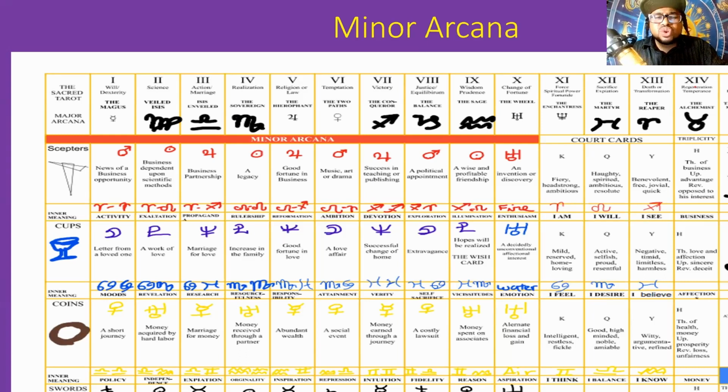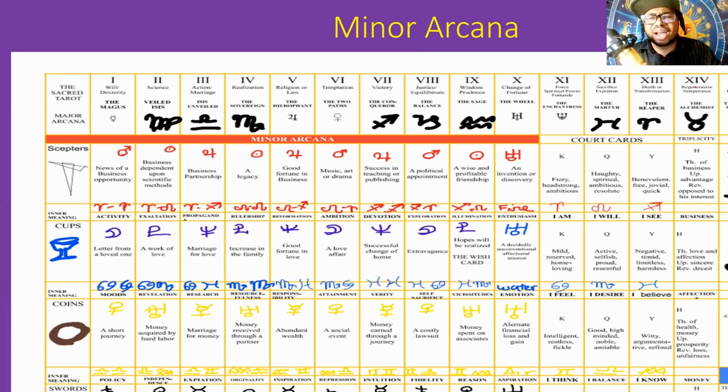And Mercury rules communication. Mercury is what was called the messenger of the gods. And so in each number 1 that you go to, you will include Mercury in there from the major arcana.